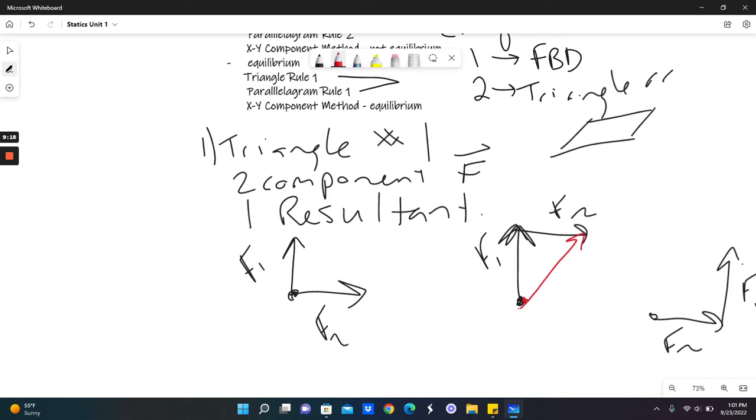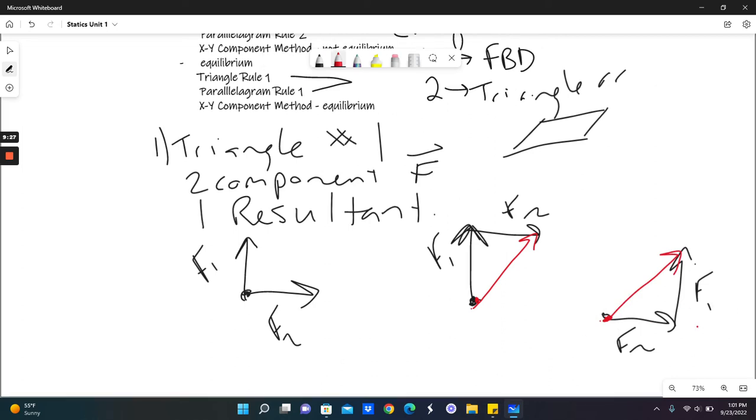Do you see how regardless of what order we put them in, the resultant still ended up being in the same direction, right? It ended up still looking the same.